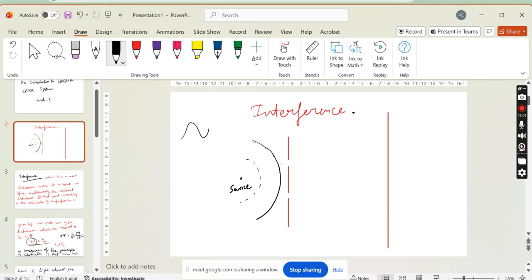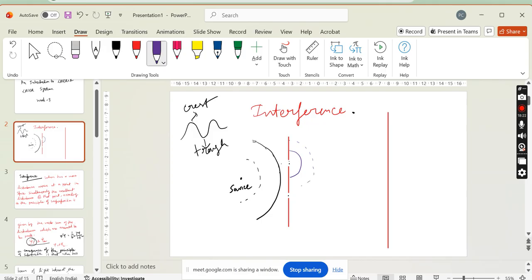This is crest, this is crest, and this is trough. So these two points will act as secondary sources of the wavefront.